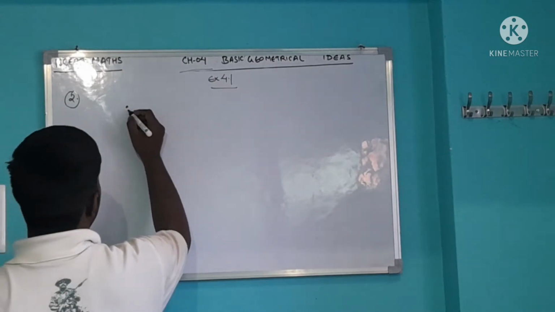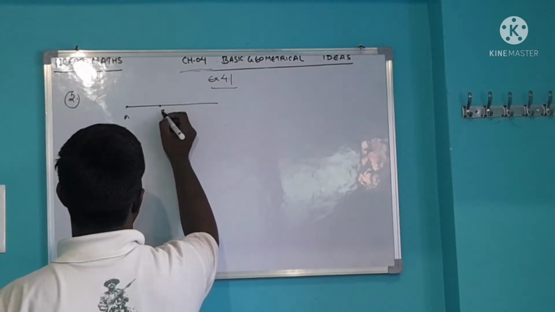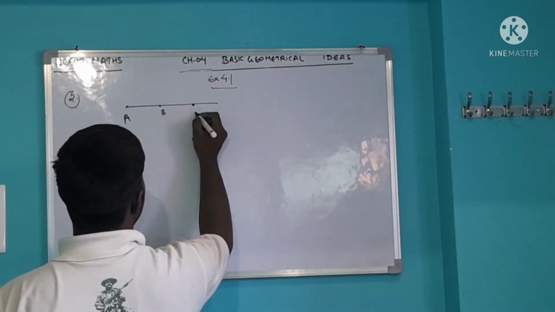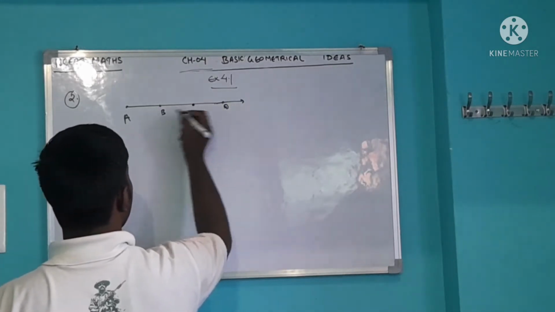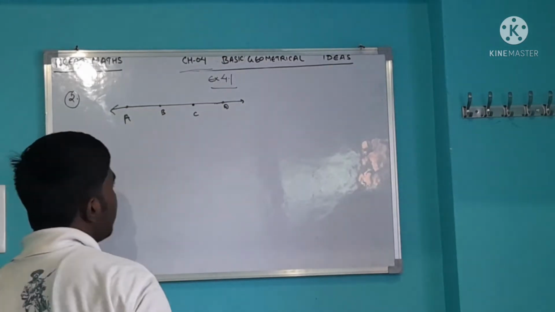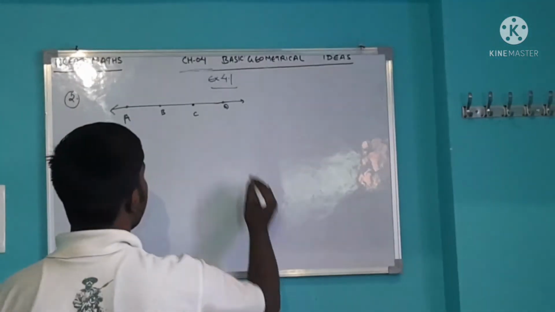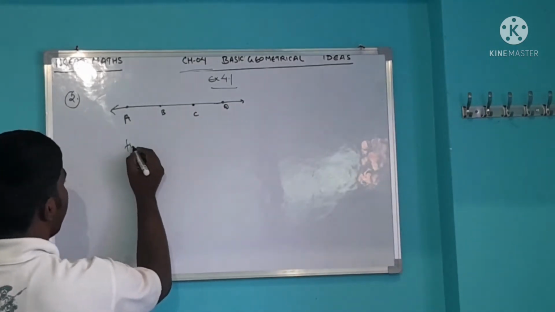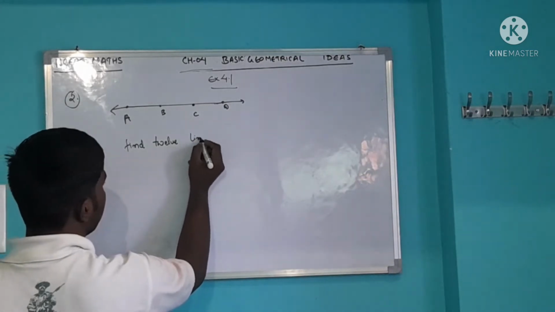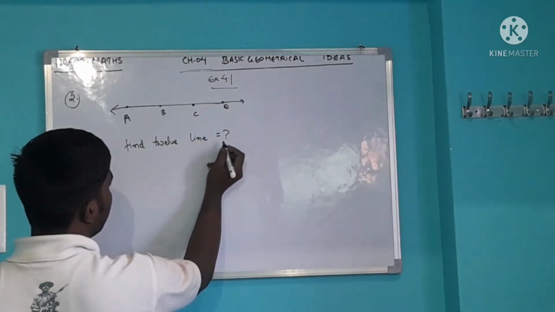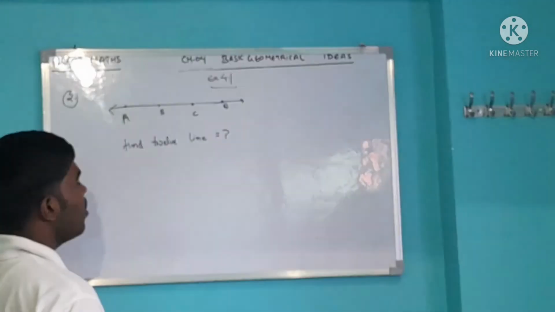We have A, B, C and D. So these are the 4 basic points which are given, and through these 4 points we need to find 12 lines. So the lines are basically the joining of 2 points.